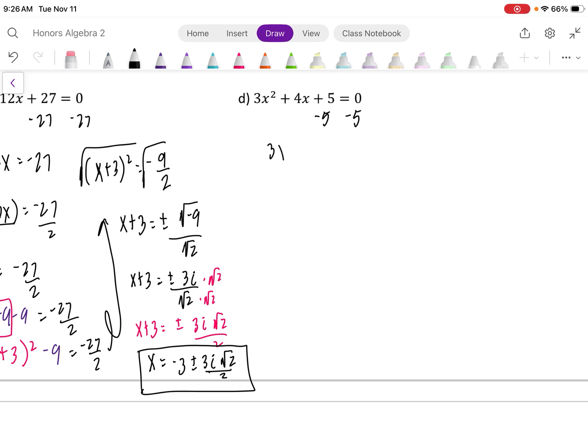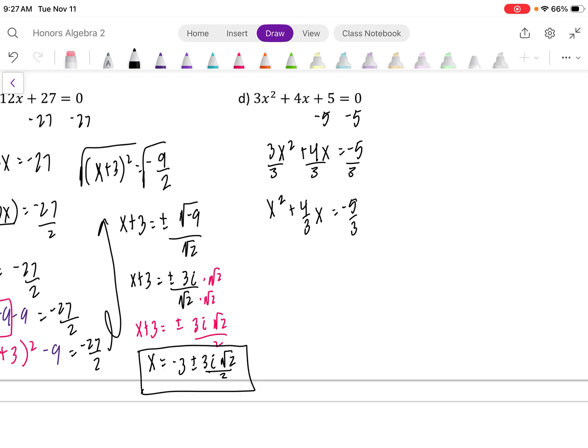So we're going to have 3x squared plus 4x equals negative 5. Divide every single term by 3. So we're going to have x squared plus 4/3 x equals negative 5 over 3.